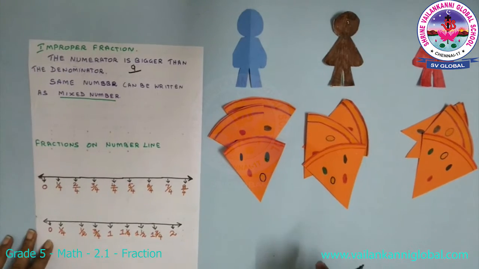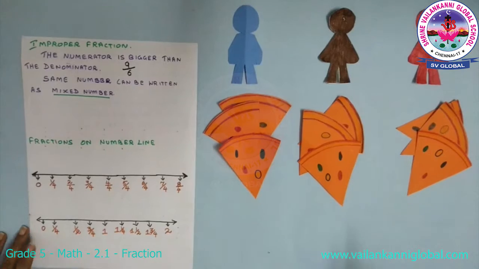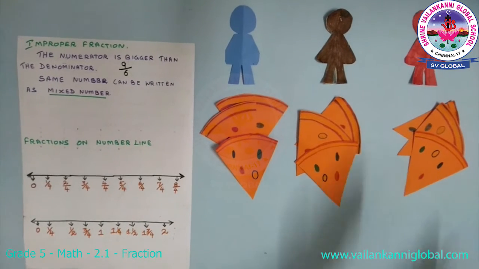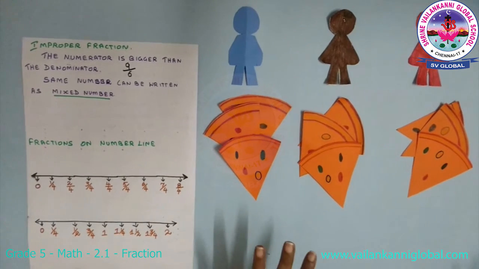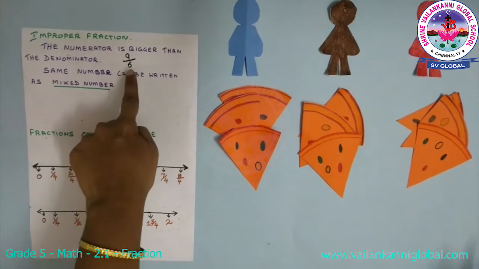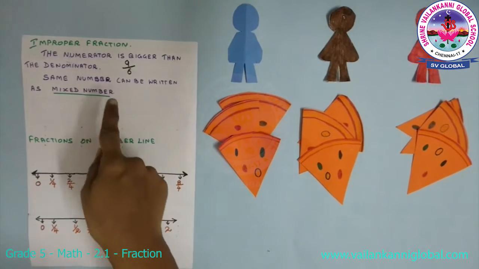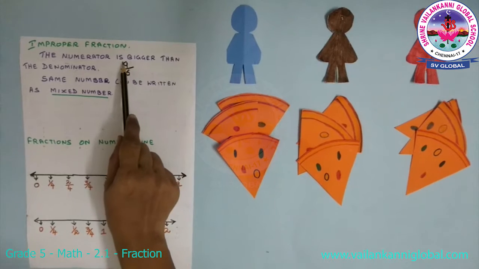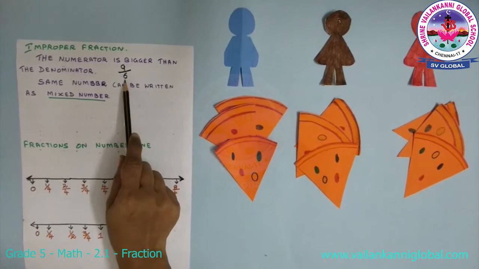One pizza we divided into 6 equal parts, and those 3 more parts we have taken from another pizza. So the one whole pizza has only 6 parts. Now we got it: the bigger number, the numerator, is bigger than the denominator.